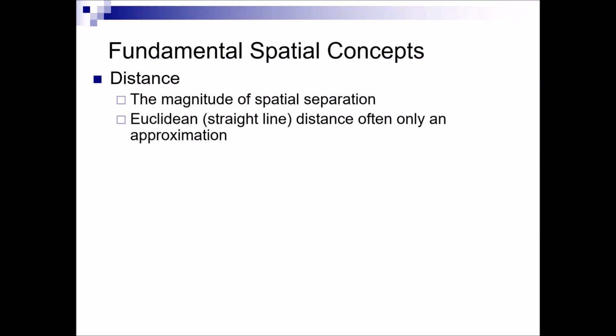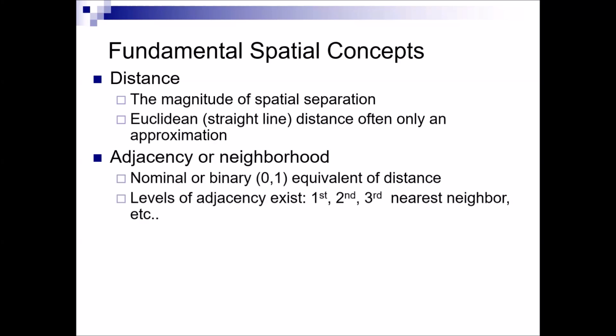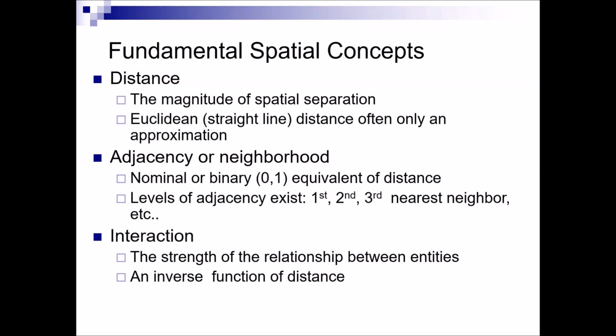The idea of distance is the magnitude of spatial separation. It typically works with Euclidean distance because Euclidean distance is really easy to calculate using our distance formula. We can look at adjacencies, normal or binary equivalents of distance, so first, second, and third order nearest neighbor. Then we can look at interaction, where the strength of the relationship between entities is an inverse function of distance.